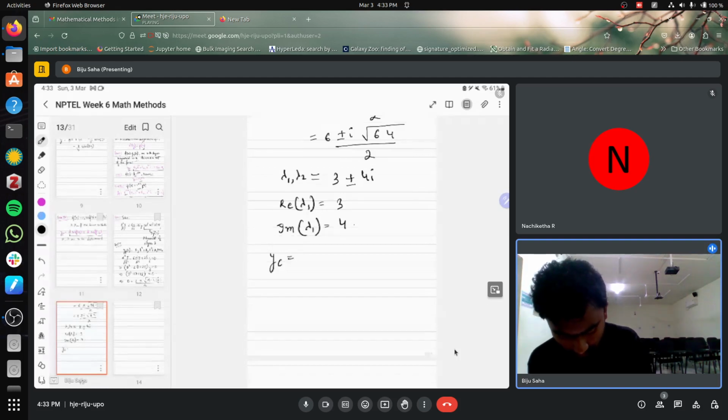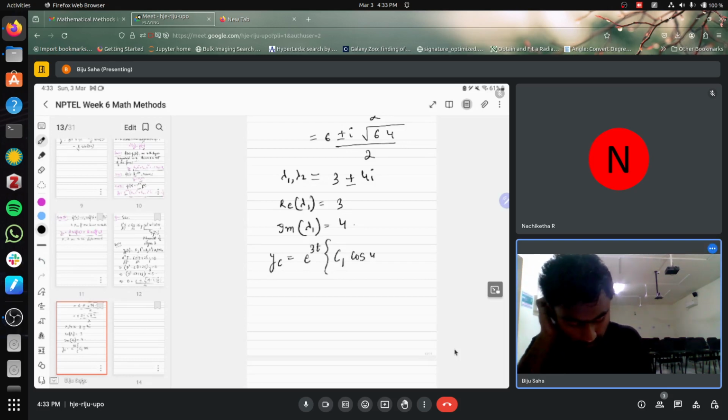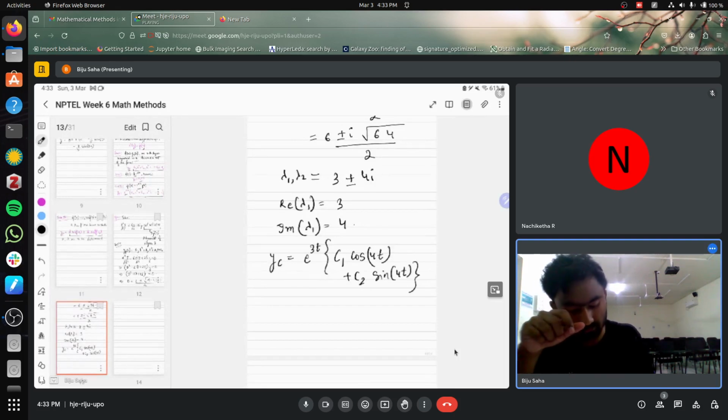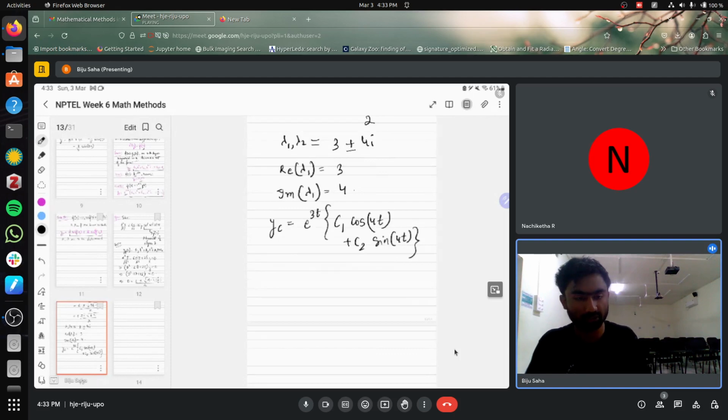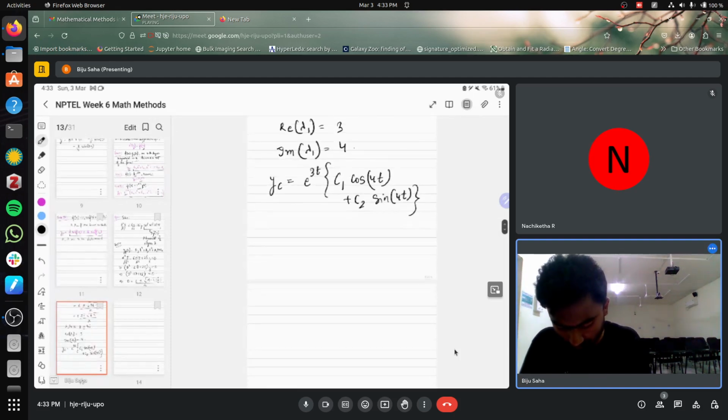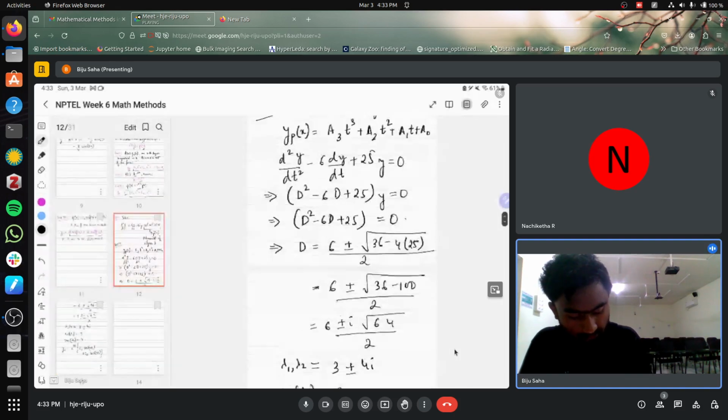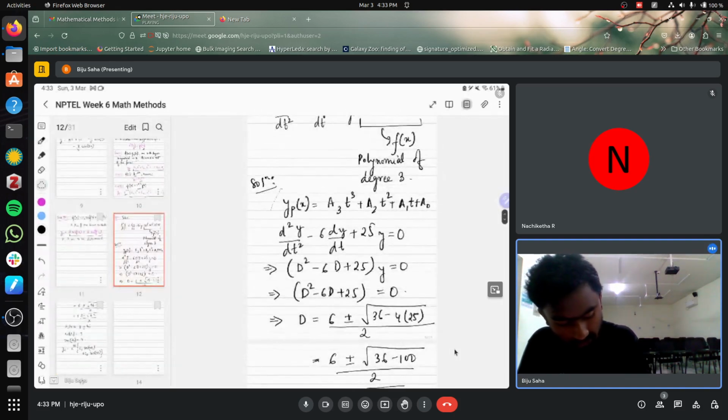So the complementary solution has this form: e to the power 3t, that is c1 cos 4t plus c2 sin 4t. This is what your complementary solution is. Let us now go on to find the particular solution.